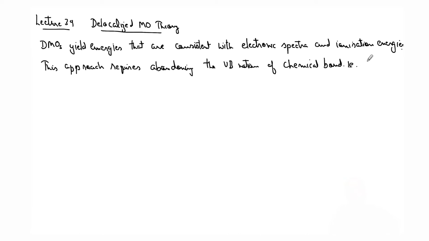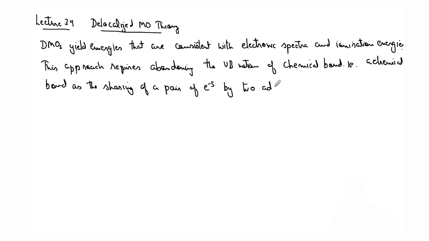A chemical bond as the sharing of a pair of electrons by two adjacent atoms. So this thought we have to get rid of when we are discussing delocalized MO theory.